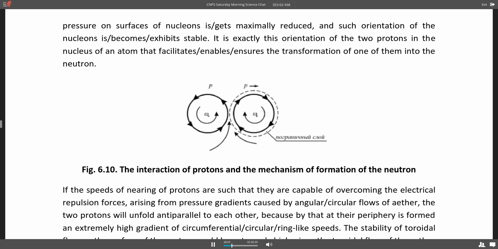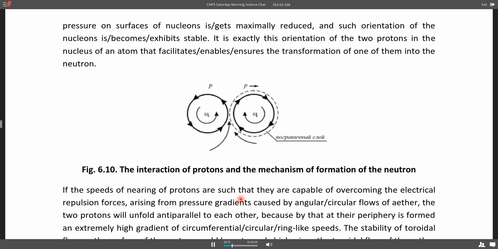But here, if two protons come close to each other, the only possibility to have a stable structure is for them to change their positions so that they come into a situation where the flows are co-directional. And then those mechanisms I explained here, I will not go into them at this moment.